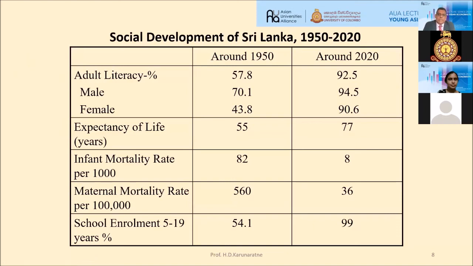We have emphasized the distribution pattern over the long run. As a result, life expectancy of Sri Lankans averages 77, which is the highest in South Asia, infant mortality rate is 8, and school enrollment is almost 99%.